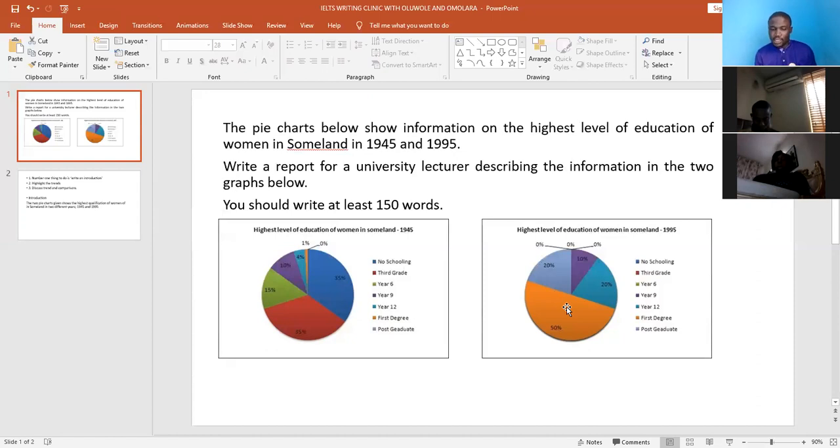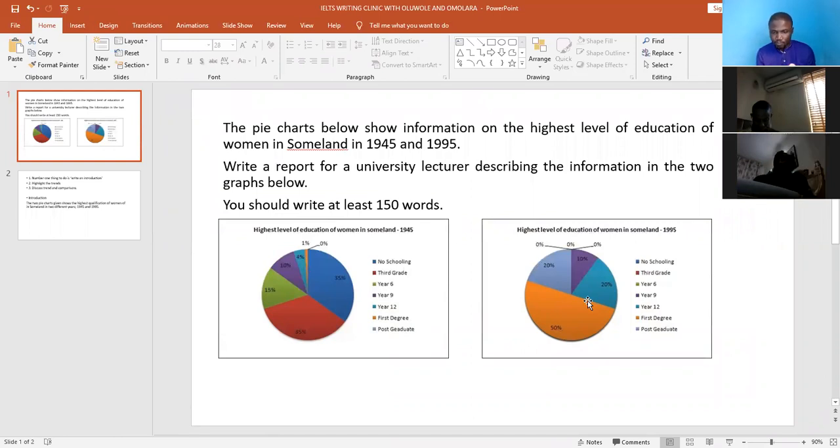So it is easy like that. Okay, the next was 4%, and that 4% goes to postgraduate. There was a misspelling of postgraduate here, 4%. And by the next chart, it has increased to 20%.